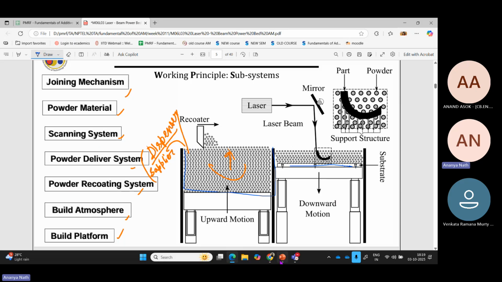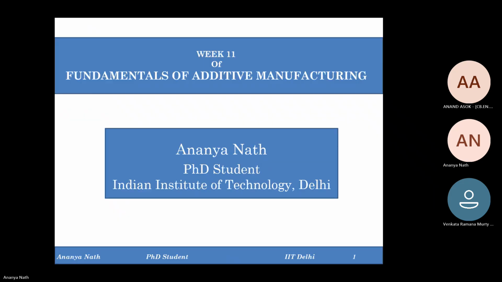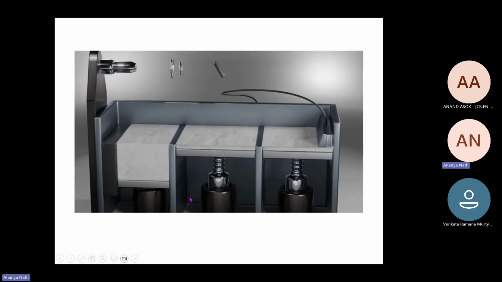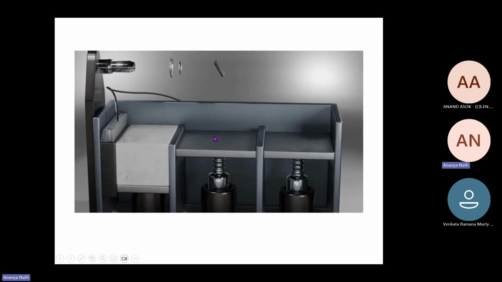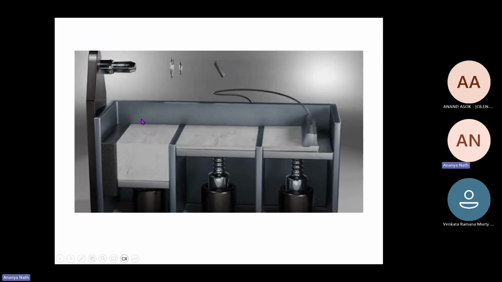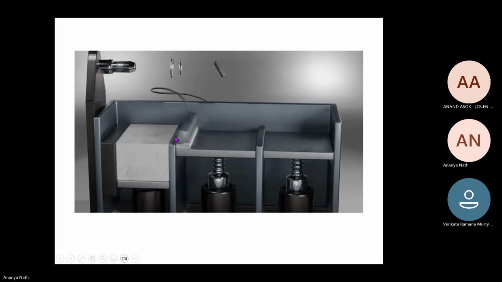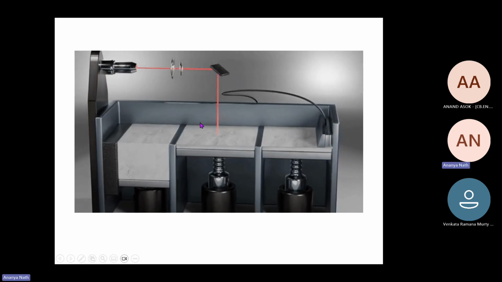How it works, I have a video for that. So can you see this GIF? See, the powder dispenser moves up and this is the recoater that spreads the powder onto the build plate.